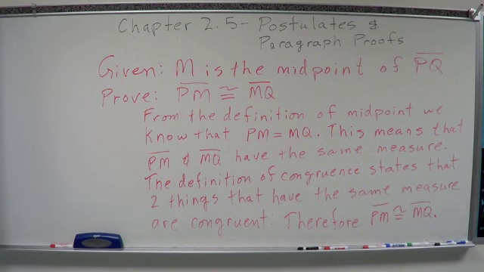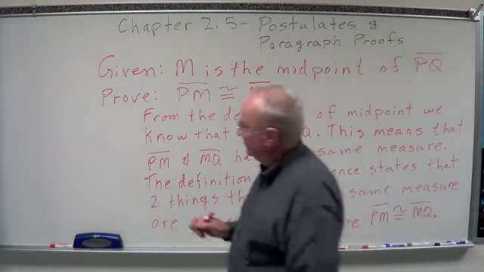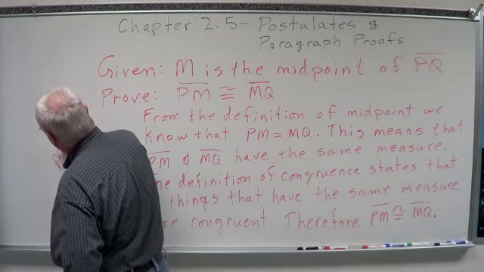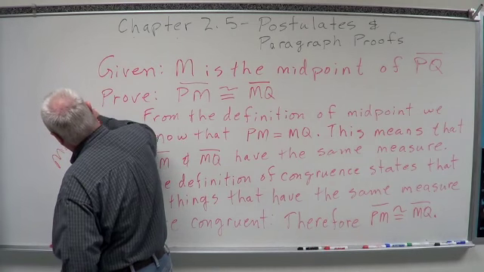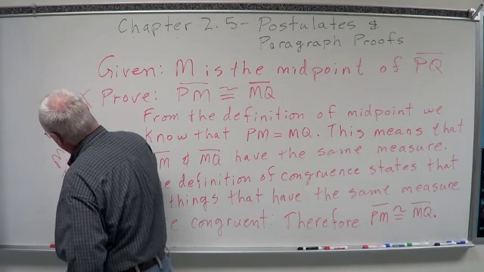This means that segment PM and segment MQ have the same measure. The definition of congruent states that two things that have the same measure are congruent. Therefore, segment PM is congruent to segment MQ. We have just proven what is known as the Midpoint Theorem.